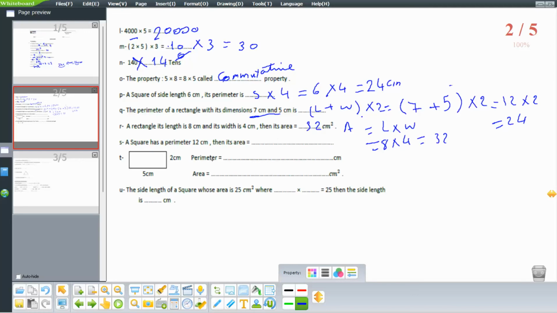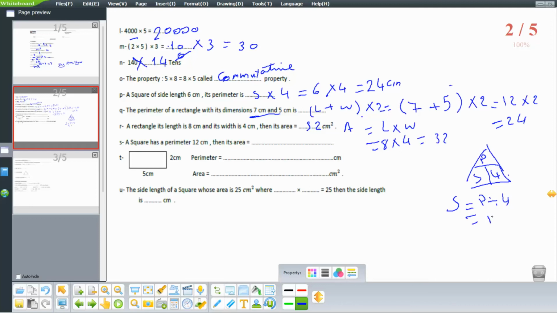A square has perimeter 12. Then its area. If we have the perimeter of a square, we know that the perimeter of a square equals side times 4. If I want to calculate the perimeter, we make side times 4. If I want to calculate the side, it will be perimeter divided by 4.